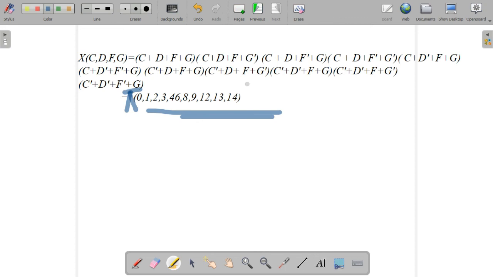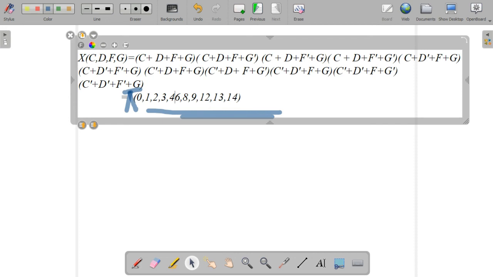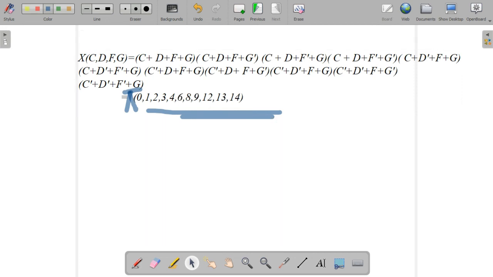First we write the expression from the given question, then draw the truth table and find the output using the C, D, F, G values by substituting them in the expression. From the zeros in the output column, the respective max term designation numbers belong to that POS, so we write pi of 0, 1, 2, 3, 4, 6, 8, 9, 12, 13.